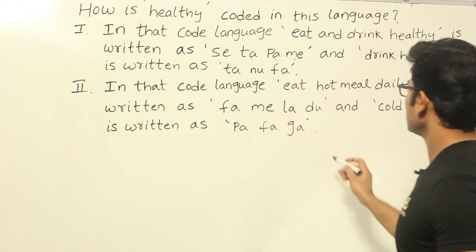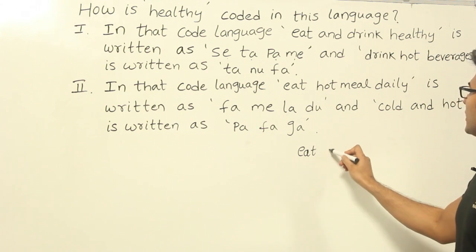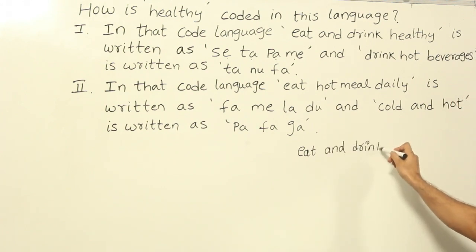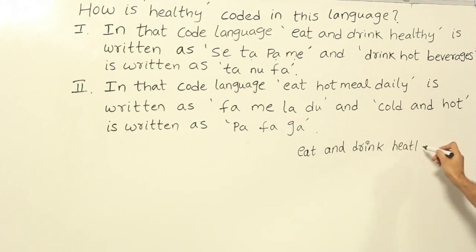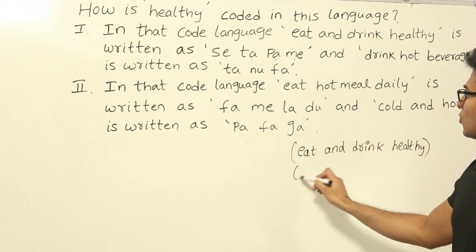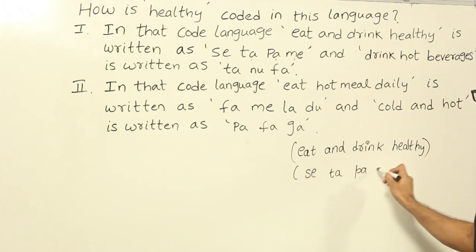So what they are saying is, if you have this sentence, "eat and drink healthy," they say this one is coded as SCTAPAME.